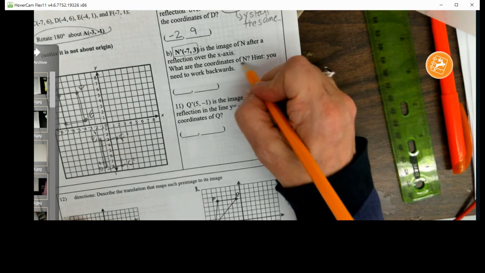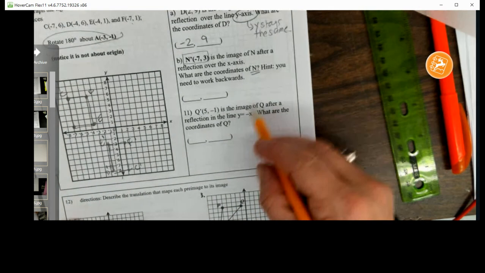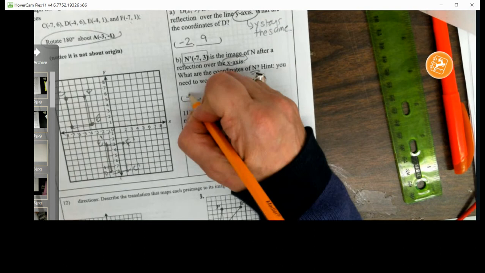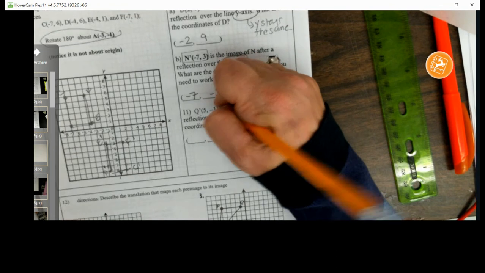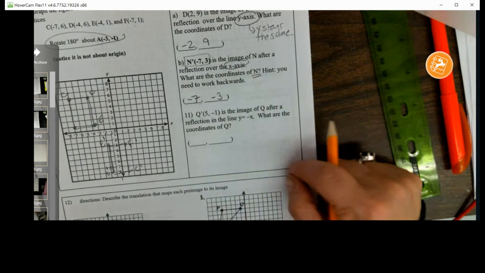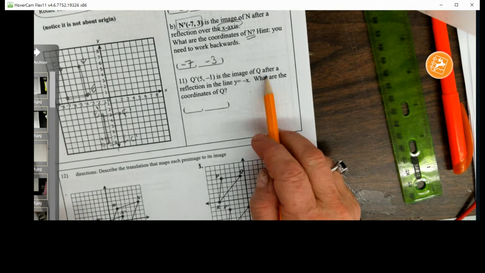What are the coordinates of N? We're going to kind of work backwards, but you don't really need to with reflection. So over the x-axis, we know x stayed the same. And we also know that the original point A has a negative 3 because when we reflected it, the sign changed. So now we're going to do Q.